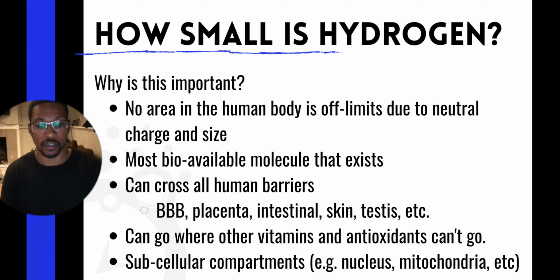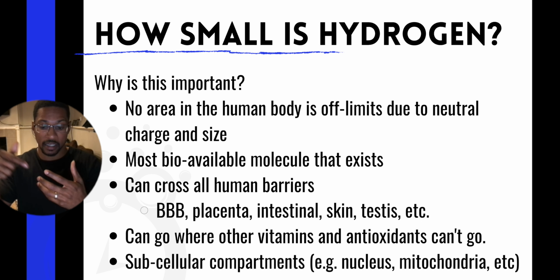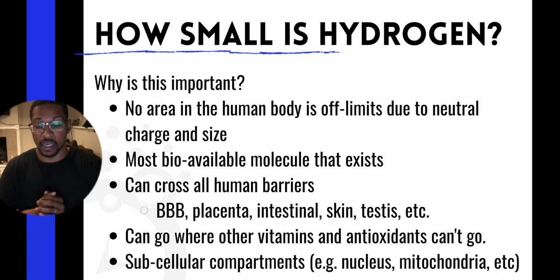It can even get into the subcellular compartments, such as the nuclei and mitochondria of our cells. The nucleus is like the brain of our cells. It's what contains DNA. It can actually get into the nucleus where the DNA is, and it can diffuse into the mitochondria, which is like the energy powerhouse of our cells.